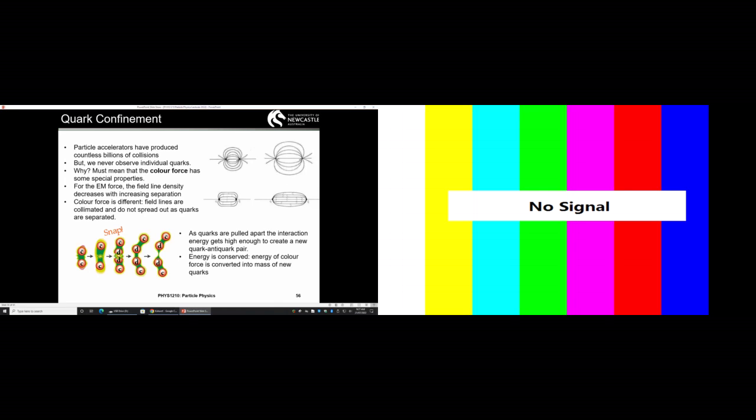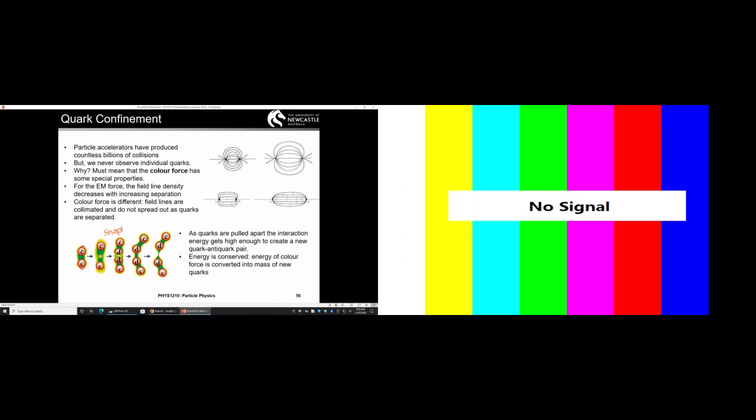And then at some point there's so much energy, think about these lines as like rubber bands. At some point we've put in so much energy and stretched them so far apart that there's enough energy to create some new particles, some new quarks, within this region where we're pumping the energy in. And so we get something like this picture down at the bottom here, where we've got a charm and an anti-charm.